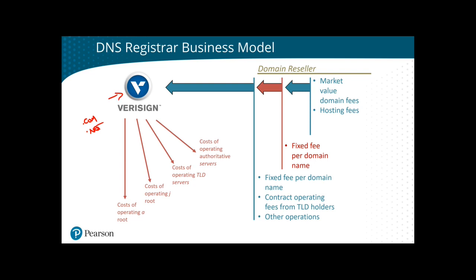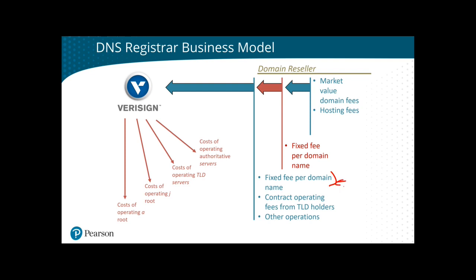VeriSign has the cost of operating the A root, the J root, the cost of operating their TLD servers, and their authoritative servers for these two domains. They also contract for other TLDs, but the two that are the big ones are .net and .com. So what they do is, by contract, VeriSign charges a fixed fee per domain.